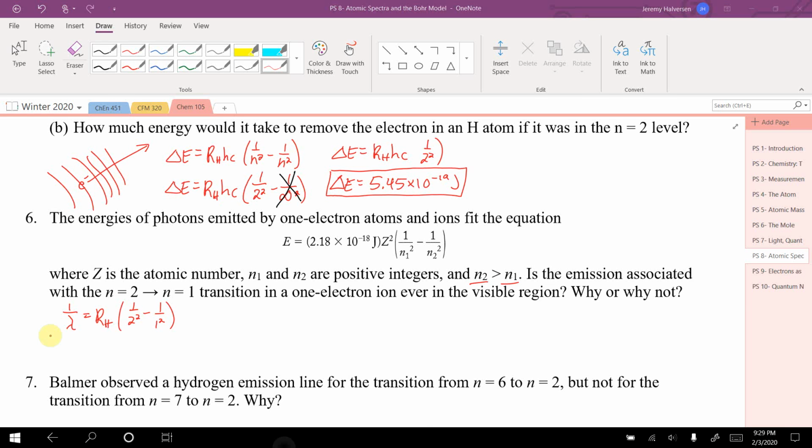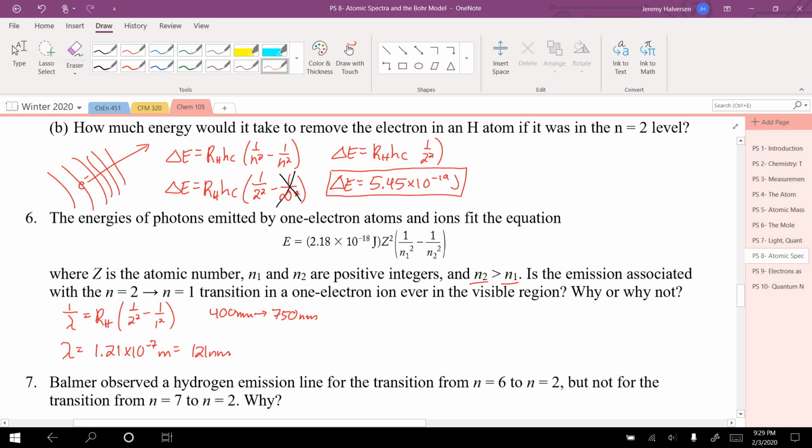When I do that, I get a wavelength of 1.21 times 10 to the negative 7 meters, which is 121 nanometers. So is that transition in the visible range? No, because visible is about 400 nanometers to 750 nanometers. That's not in that range.